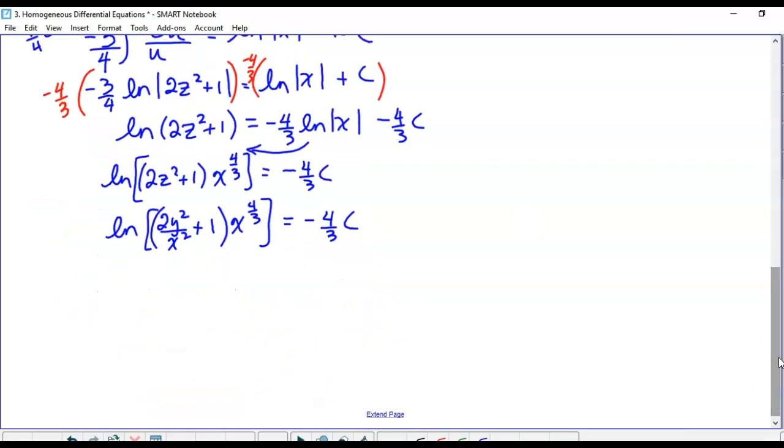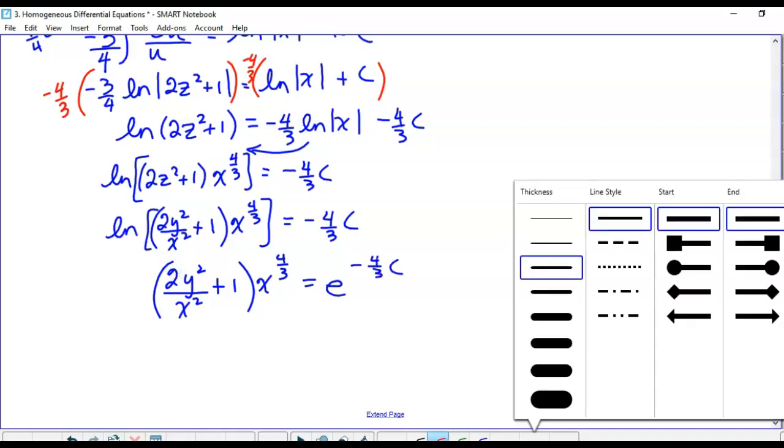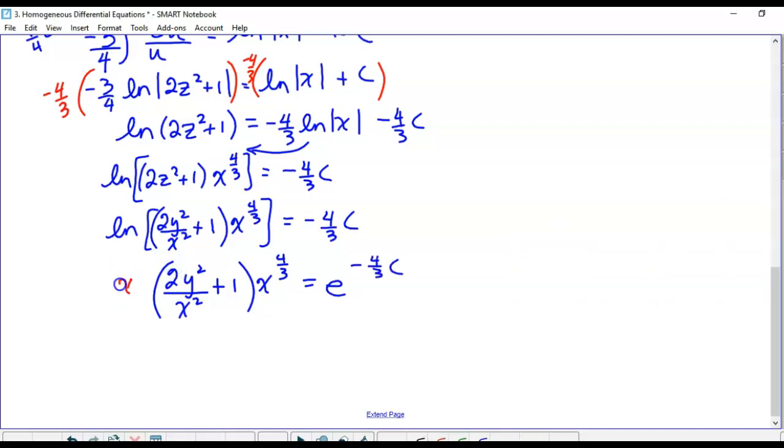Okay, remember that you're going to have to solve for y squared, so maybe I'm going to just get this out of the logarithm right now. Multiply through by x squared on both sides, and that's going to distribute into here.